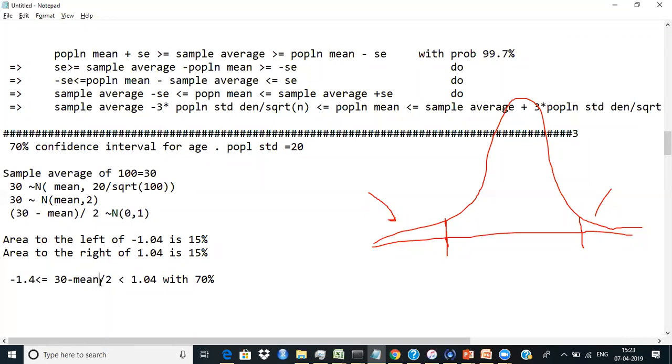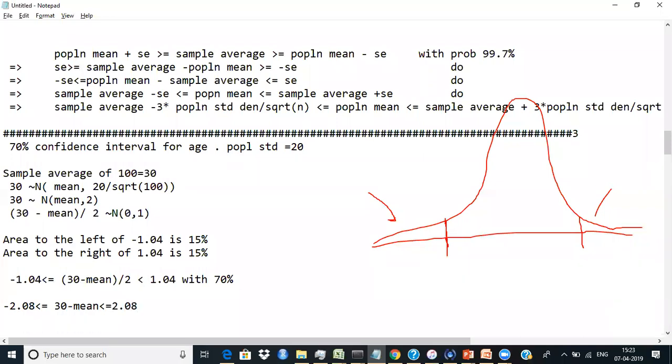What you will do is multiply both sides by 10, so it becomes minus 10.4 less than or equal to 30 minus mean less than or equal to 10.4.